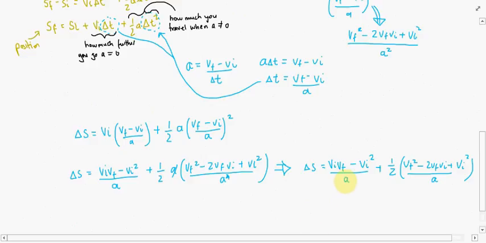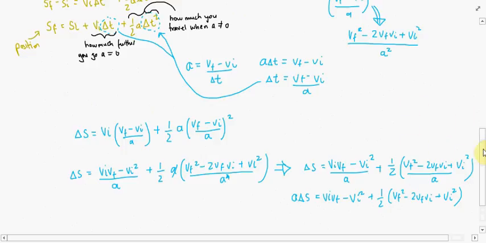So now this will become a times delta S, and that cancels now with these a's, is equal to Vi times Vf minus Vi squared plus 1/2 all of this junk in here, Vf squared minus 2VfVi plus Vi squared. And remember, we've got rid of the a now because we multiplied it over to the other side. So it's starting to get better. What else can I do?